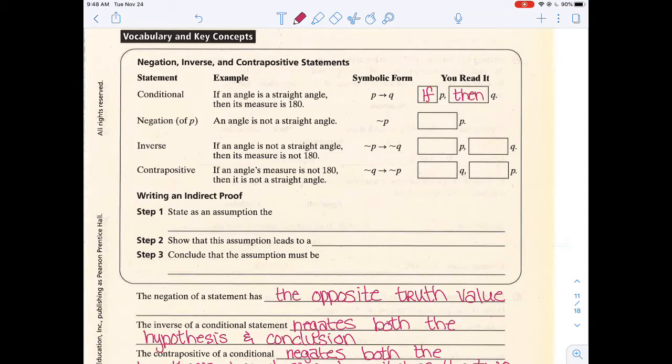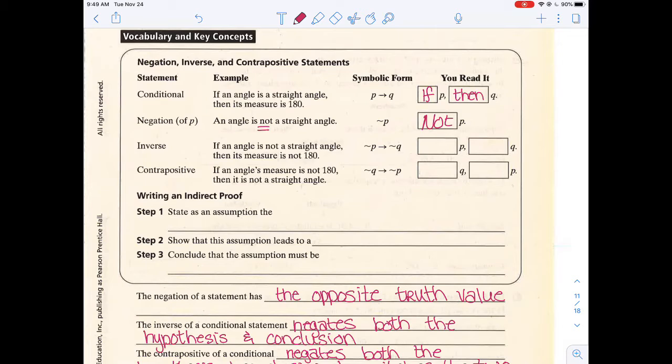So example, an angle is not a straight angle. Negation, we used the word not. This little squiggly means not, so the squiggly line then P, we would read that as not P.